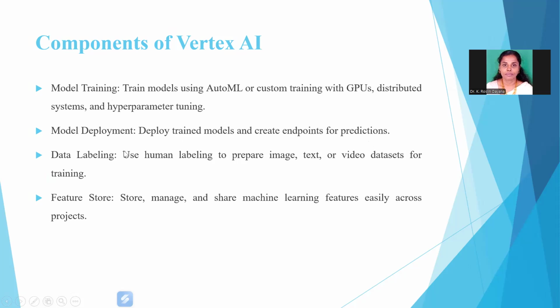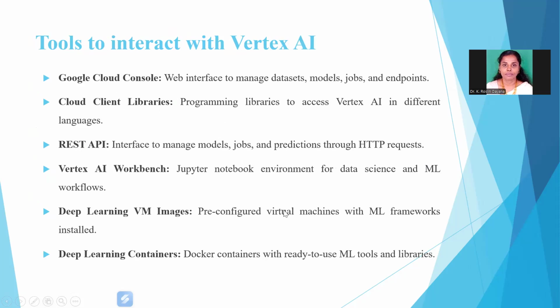Then data labeling: use human labeling to prepare image, text or video datasets for training. And feature store: store, manage and share machine learning features easily across projects. Vertex AI is used for all those.